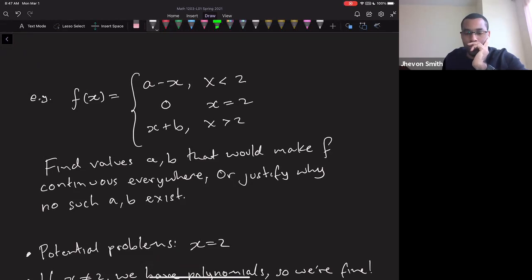So since we want to find as we approach, for a minus x, x is less than 2. Yeah. So is that all our limit would care about? No, it would also care about x plus b as well. Yeah. So how would you deal with that? Would we just find both of them? How would we do that?